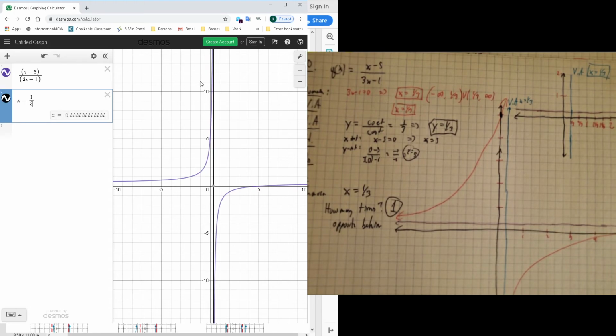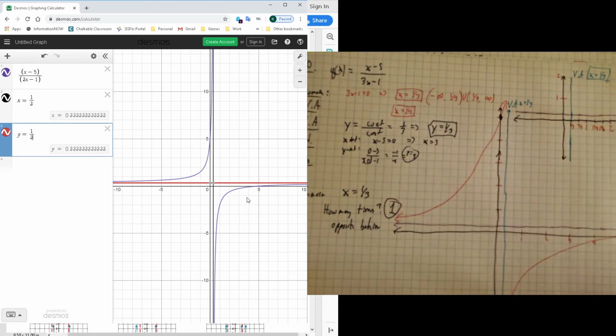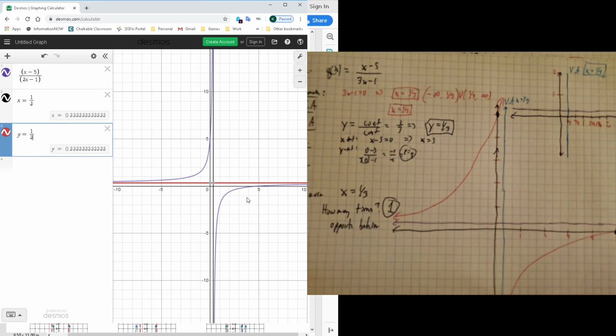That's right in between them. If I graph the line y equals 1/3, it's also right in between them. This middle piece will rarely be perfect, but you don't need it to be. Just make sure it has a nice curved shape. It should not come all the way in. Give it some space. Use this to guide you, okay?